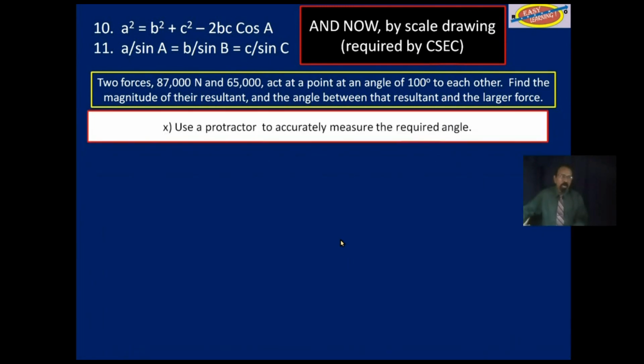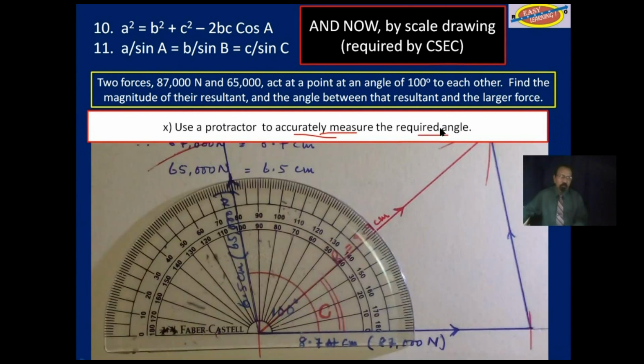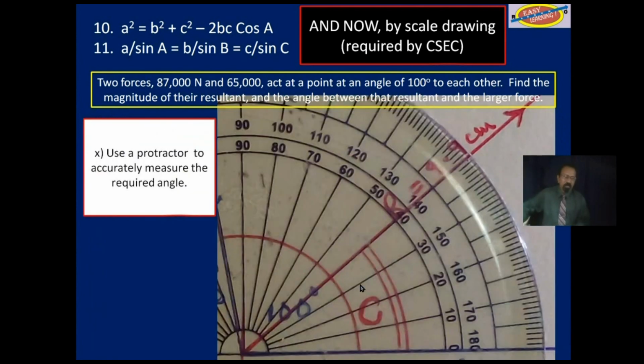Now we will use a protractor to accurately measure the required angle. So we set our protractor here. We count from this 0 going that way. Let's see that a little closer, because this is 0, 10, 20, 30, exactly 40.